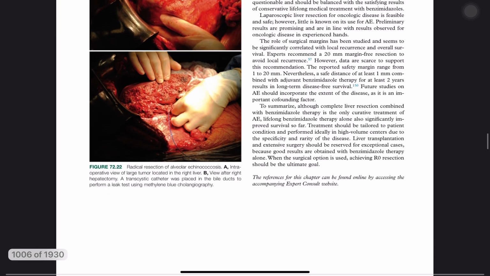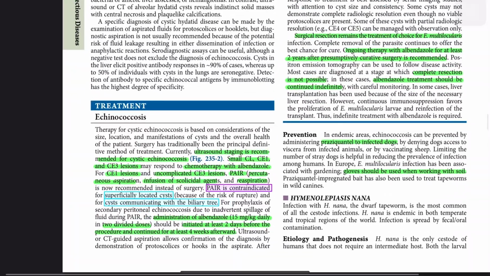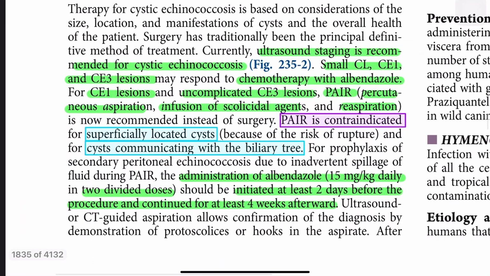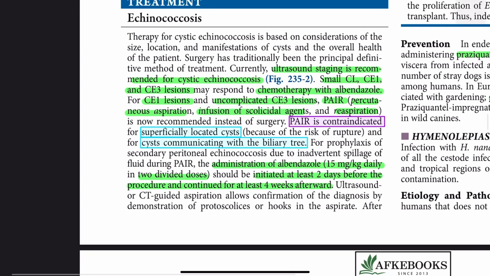Last one is just 1 to 2 minutes. What does the latest Harrison say? PAIR is contraindicated in superficially located cyst and cyst communicating with the biliary tree.